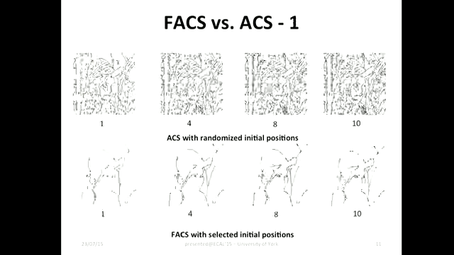However, if you have a look back, you see that when we use FACS, between iteration number 8 and 10, if you look carefully, there is no improvement achieved for the solution. And sometimes we are actually facing a stagnation problem when we use FACS.